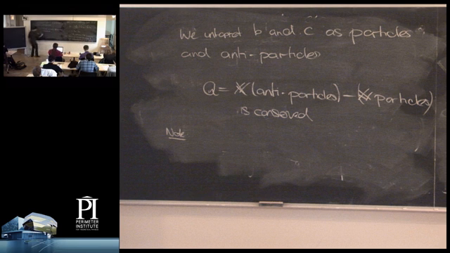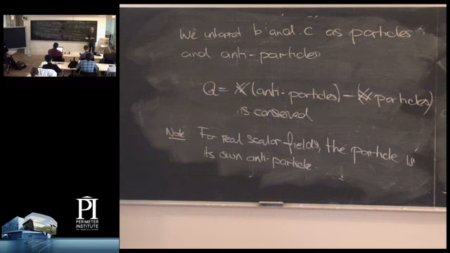So for real scalar fields, typically in a relativistic quantum field theory that's interacting, there's no way to have the number of particles that come from a real scalar field be conserved.